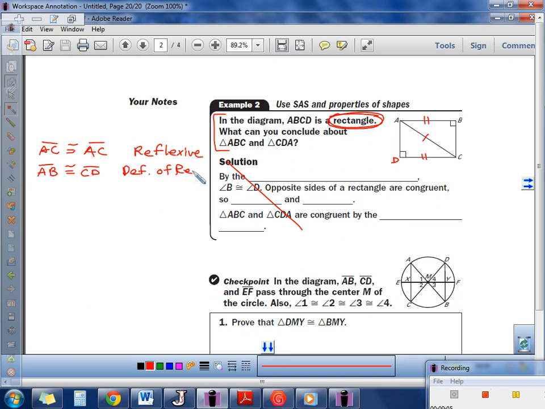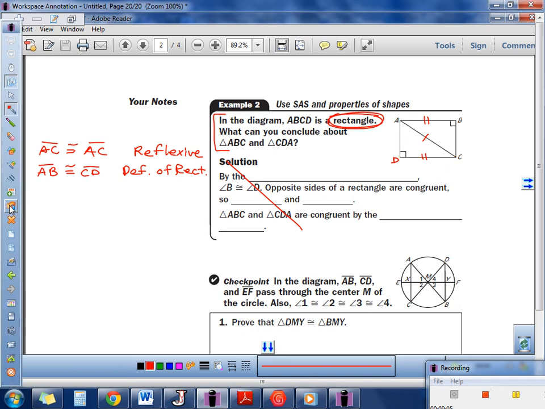Because I know the properties of a rectangle, I can use its definition to add some more marks. I could keep writing marks, but I think I have enough right now. So, somebody just said side angle side. If I trace these sides, is the angle where they meet? No, it is not side angle side. Common mistake right there.